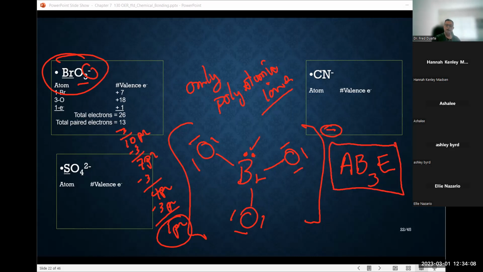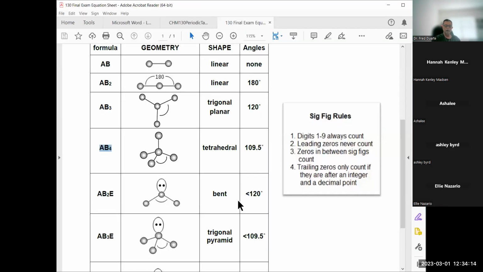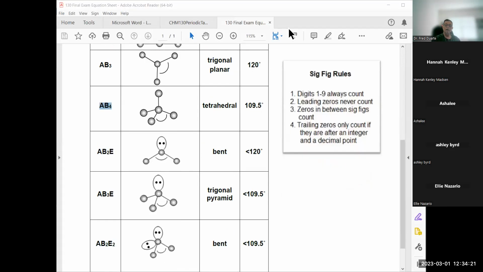With that information, we take it to the shapes table and look for AB3E, which is right here. Here's the geometric shape, the 3-dimensional model picture of it.